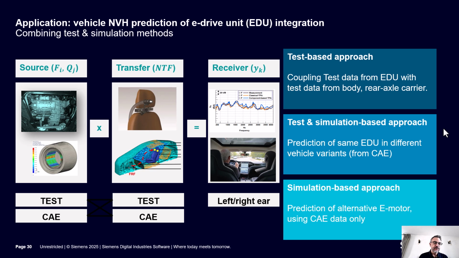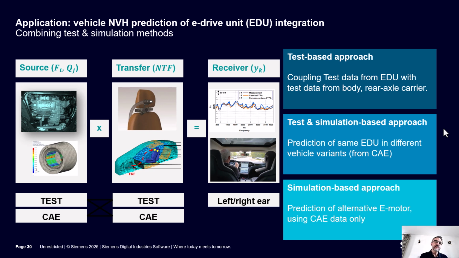The source representation as well as the transfer in the vehicle can both be represented either by testing or by simulation. And then the system allows us to understand the response at vehicle level.